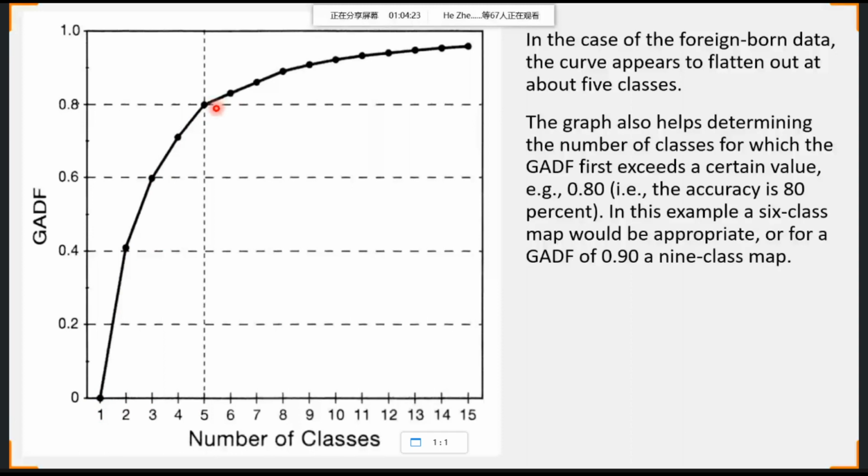The graph also helps determine the number of classes for which the GADF first exceeds a certain value, for example 0.8. This means the accuracy is 80%. In this example, a 6-class map could be appropriate, or for a GADF of 90%, a 9-class map.